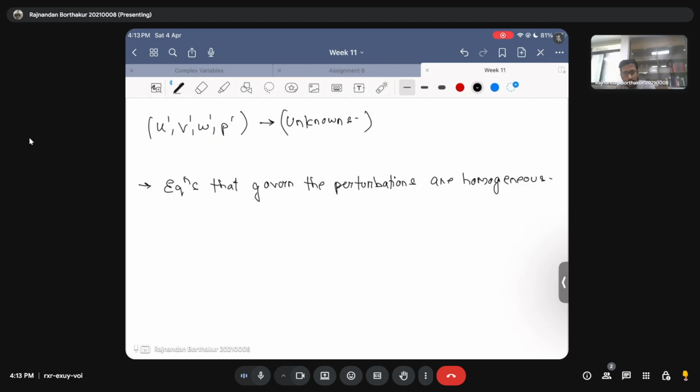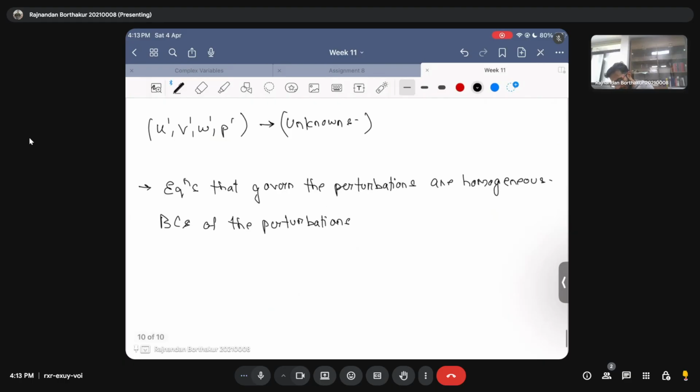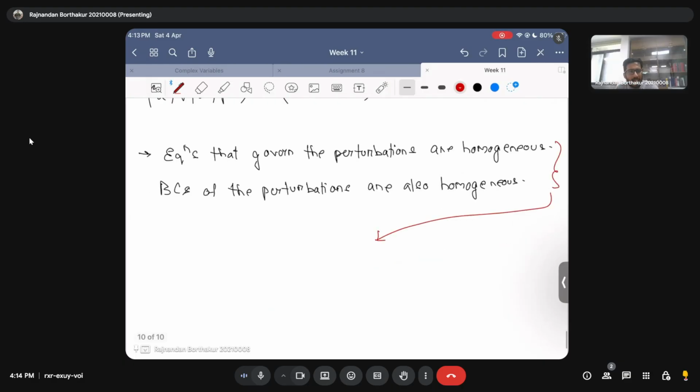And we will shortly see, maybe today or in the next class, that the boundary conditions of the perturbations are also homogeneous. Which means these two statements hint that what we are trying to solve is basically an eigenvalue problem.